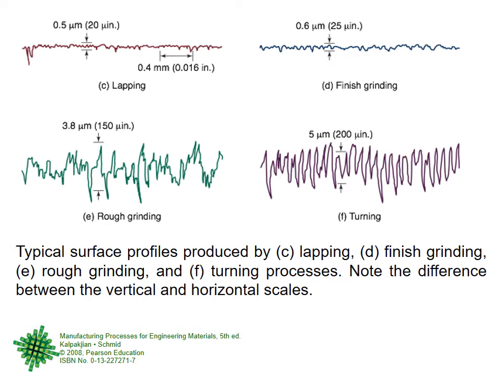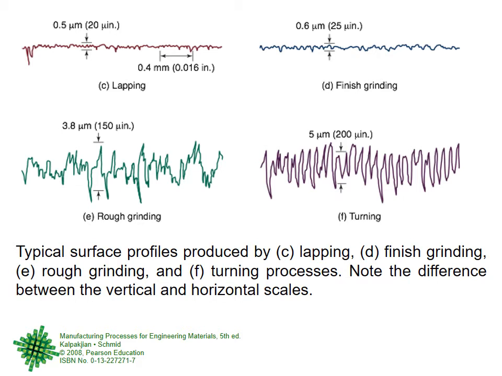Now here, typical surface profiles. Typical means usual, that normally this is what happens. Now different machining operations: lapping is one operation, finish grinding is one operation, rough grinding is another operation, and turning is another operation. So you have been to the machine shop, you have been to the workshop.